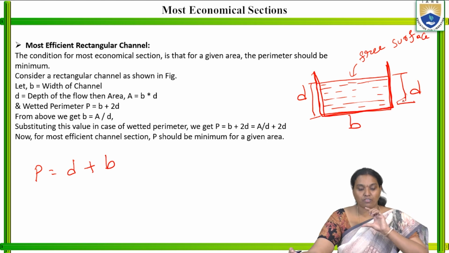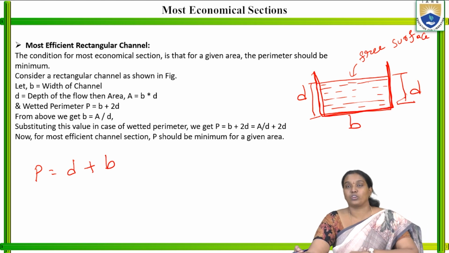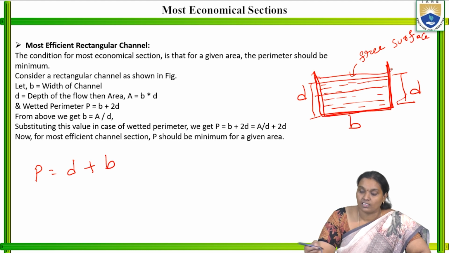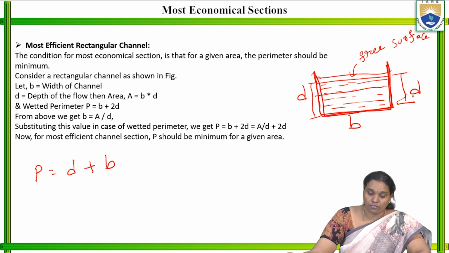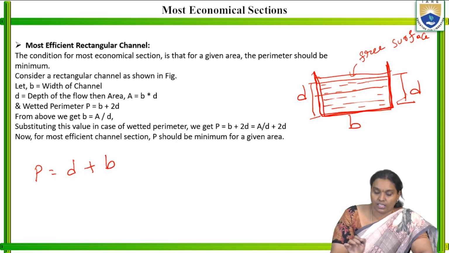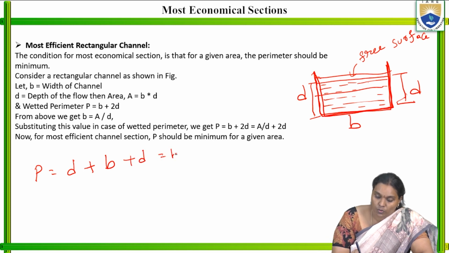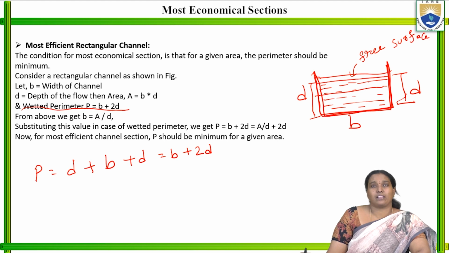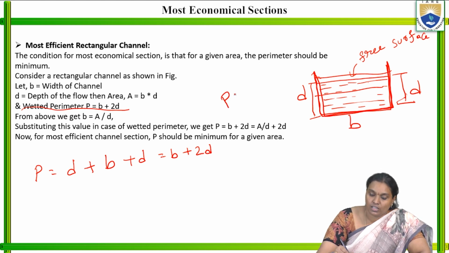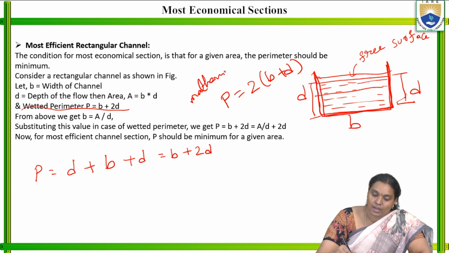So D plus B plus D equals B plus 2D. This is our wetted perimeter, B plus 2D, mathematically.